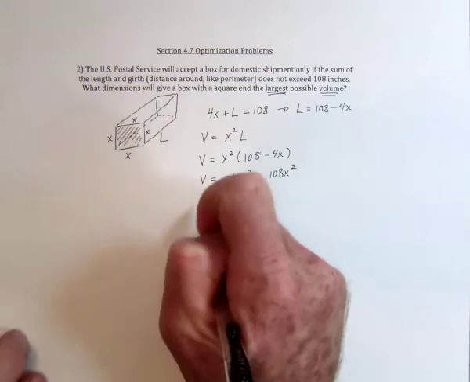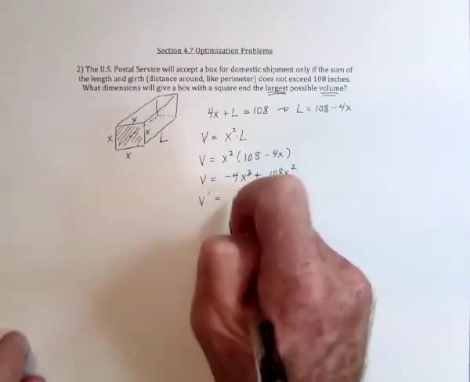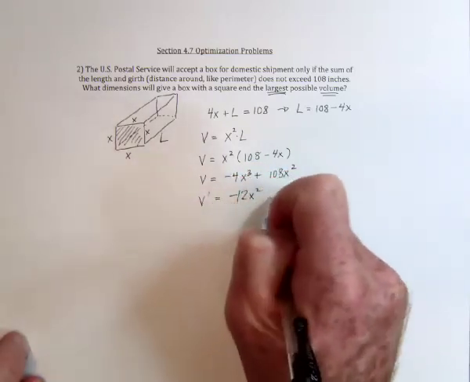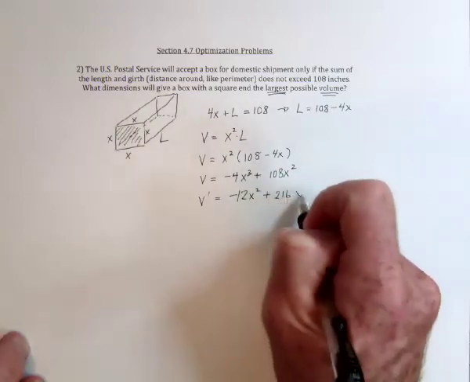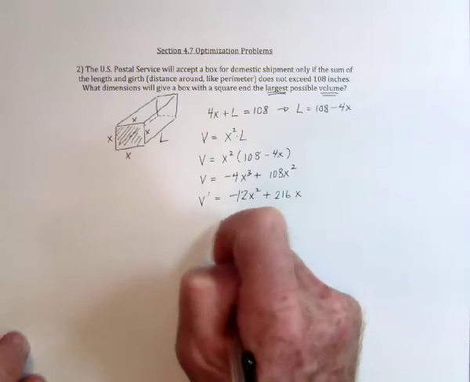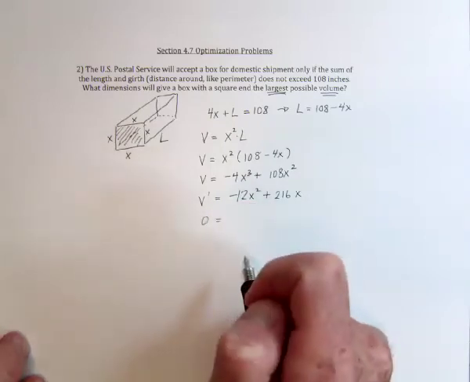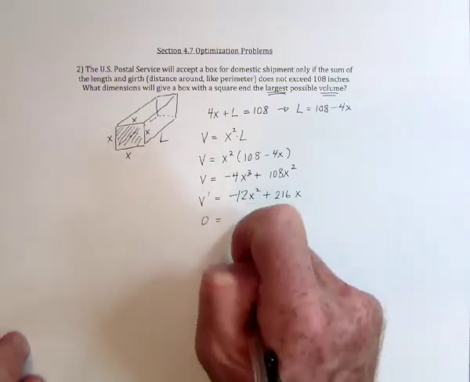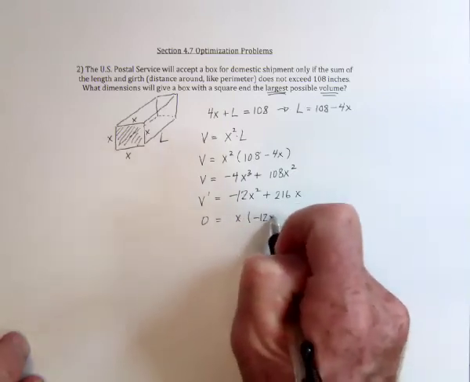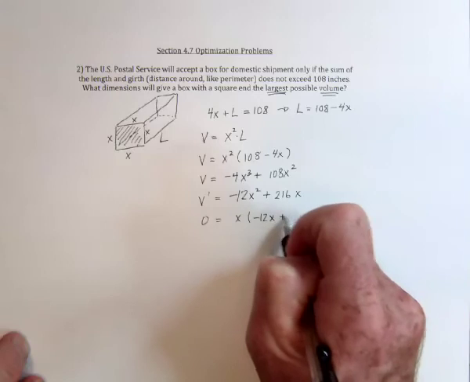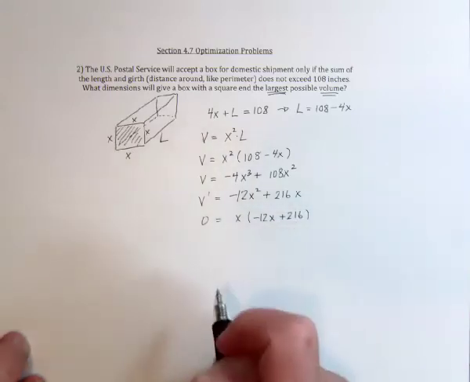Okay, so take the derivative. Negative 12x squared plus, let's see, that would be 216x. You could then set it equal to 0, factor out an x, so negative 12x plus 216.